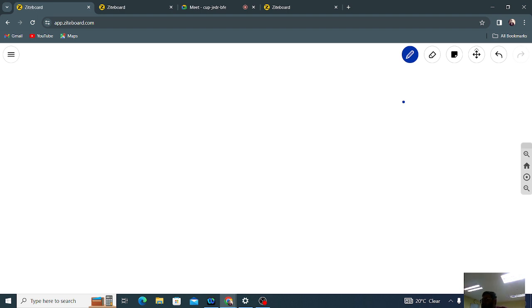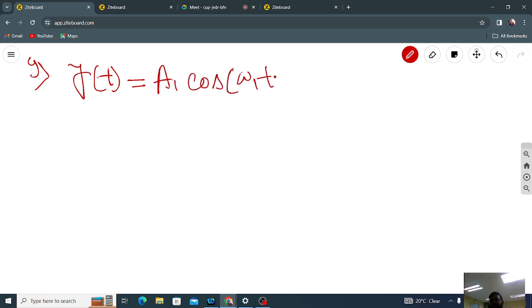So the next question. We have two signals. First one is a1 cos of omega 1t. Another signal is the same kind of signal with addition, a2 cos of omega 2t.